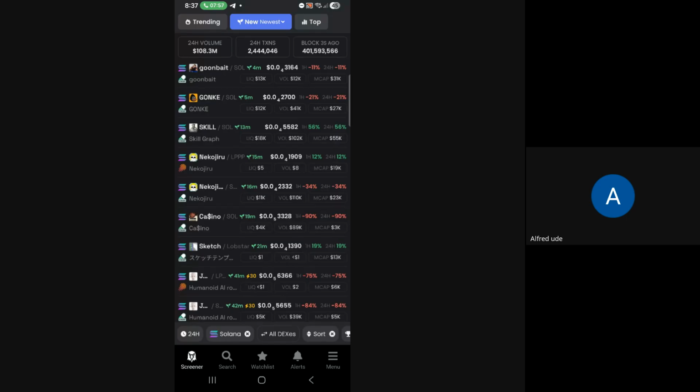So the coin went as low as 2K market cap and came back to as high as 770K market cap in the space of 5 days. First, it did very well to 300 and something K, went as low as 2K, then bounced back to 700 and something K in the space of 5 days.